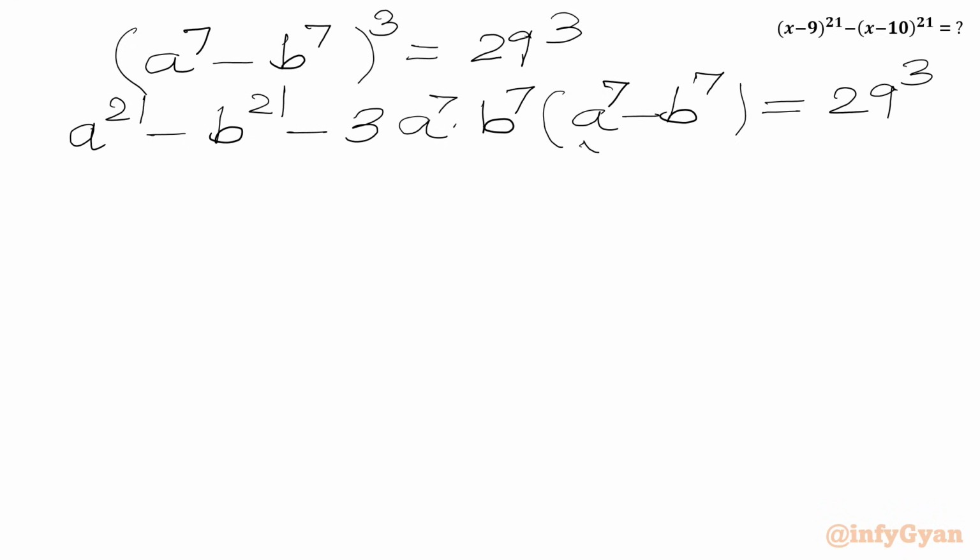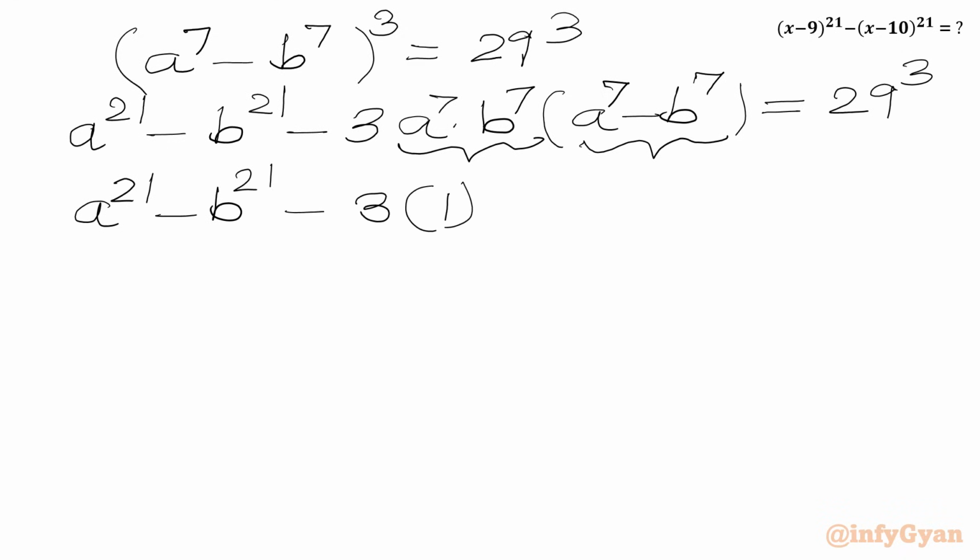Now this is 29. ab is 1. So we will write a power 21 minus b power 21 minus 3 times 1 power 7 times 29 equal to 29 cube.